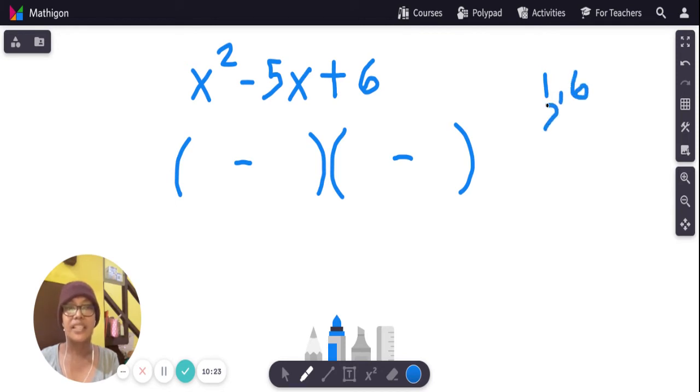And 2 and 3. So one way din po para makuha niyo yung sagot na sinasabi ko, when you factor, you get their sum. 2 plus 3 is what? Di ba 5? 1 plus 6 is 7. So, your answer is 2 and 3.